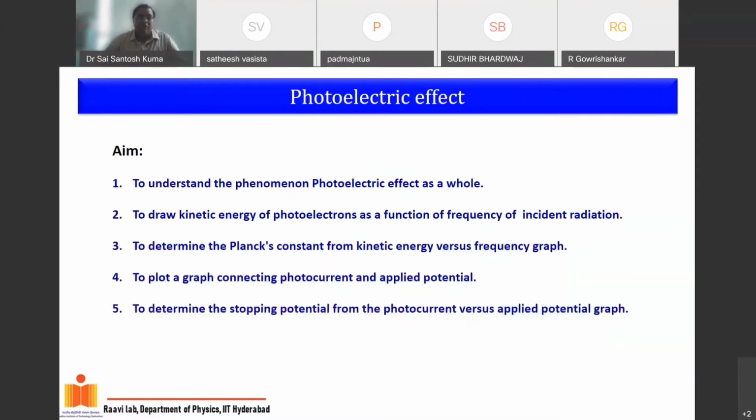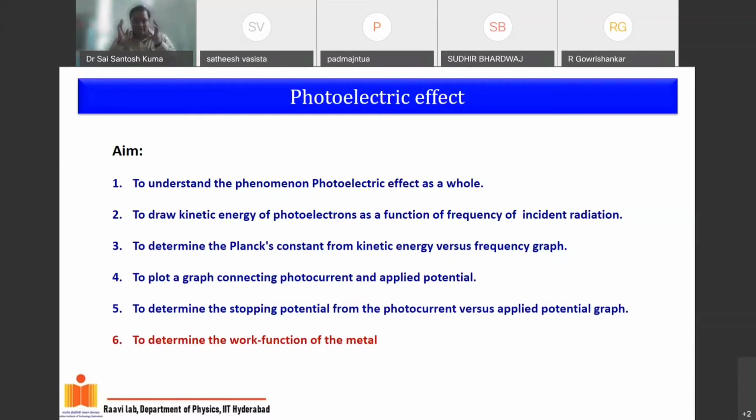The aim of this experiment is multifold. As I said, there are a lot of things that one can do with this experiment. This is to understand the phenomenon of the photoelectric effect as a whole, to draw the kinetic energy of photoelectrons as a function of frequency of incident radiation, to determine Planck's constant from the kinetic energy versus frequency graph, to determine the stopping potential from the photocurrent versus applied potential graph, and finally to determine the work function of the metal.